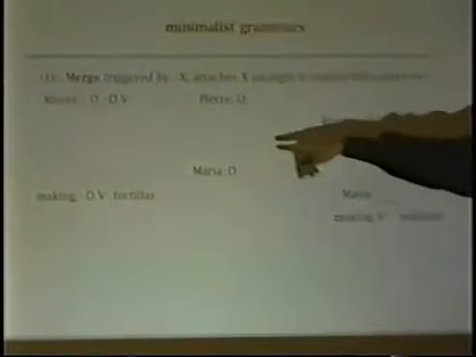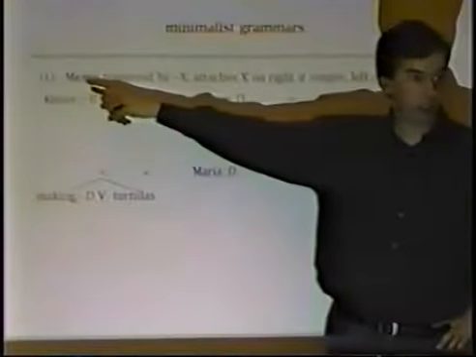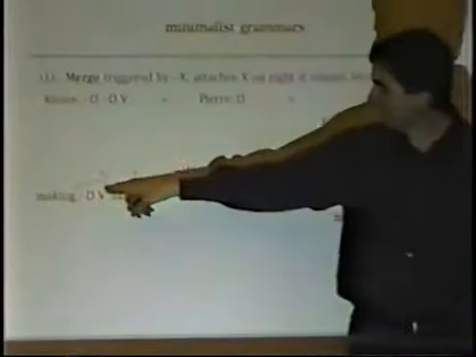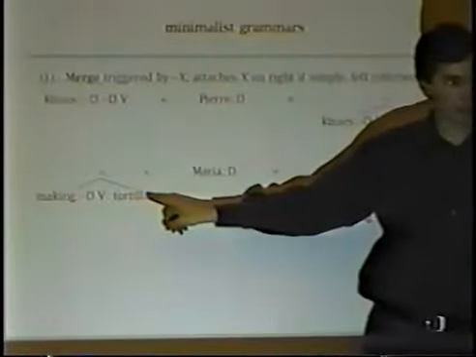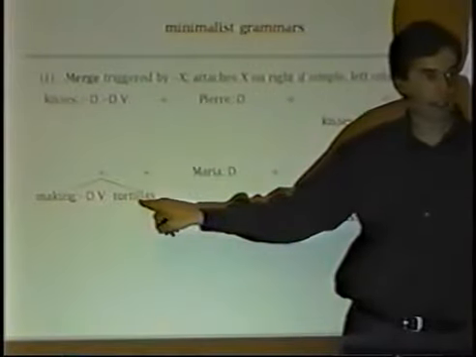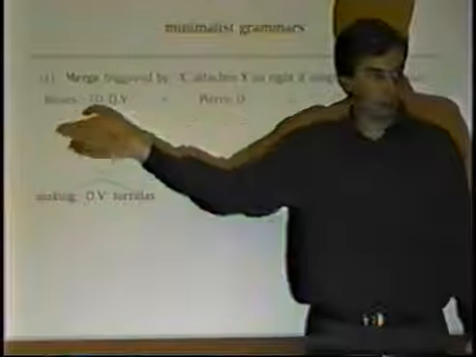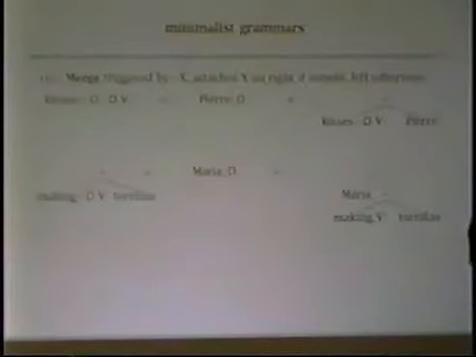And how do we know that Maria is going to be on top? We stipulate, this is the definition of merge. We stipulate what happens when you have something of this category that's combining with something else which already is complex. If it's already complex, anything it attaches with merge gets put on the left. I see. So that's why.